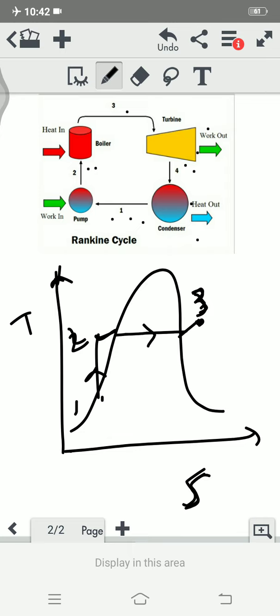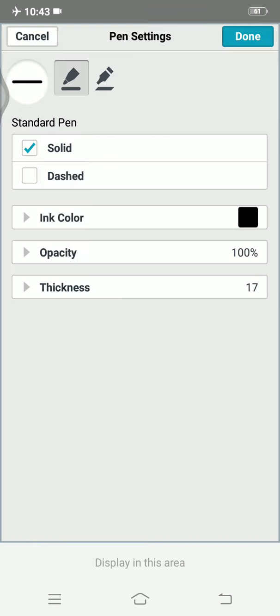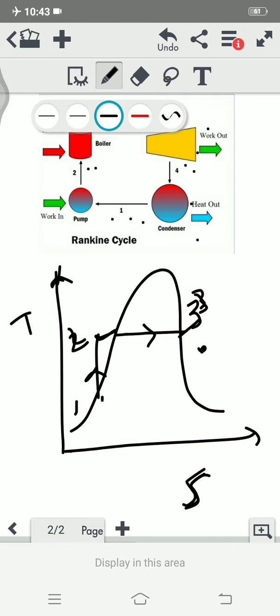We can show it with an exactly vertical straight line, and this is our state, point number 4.